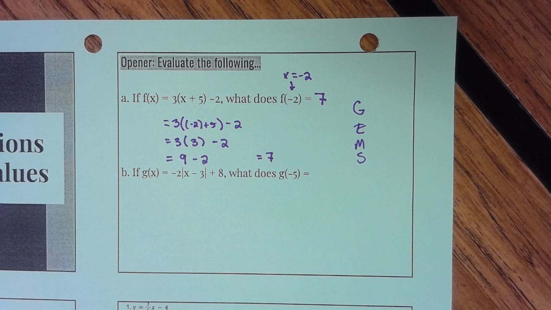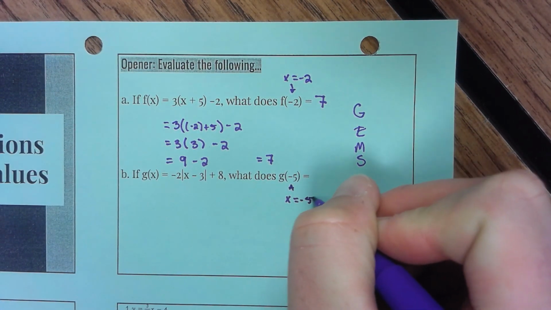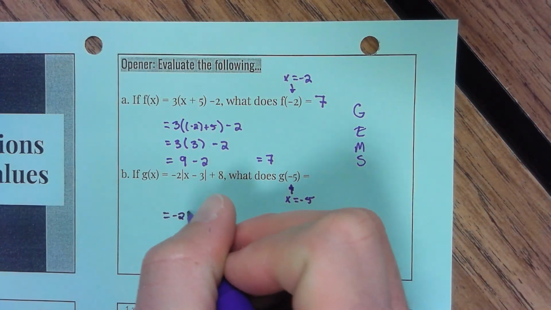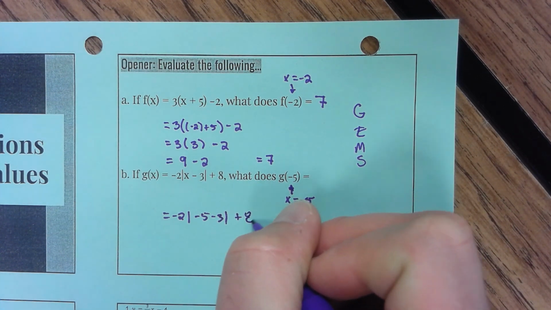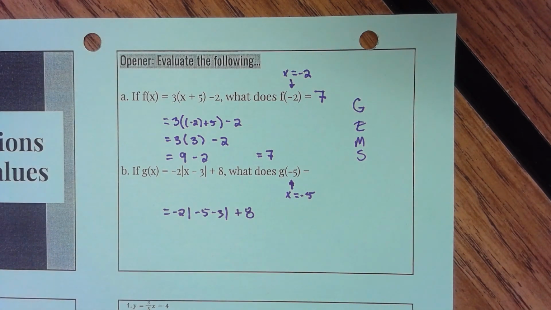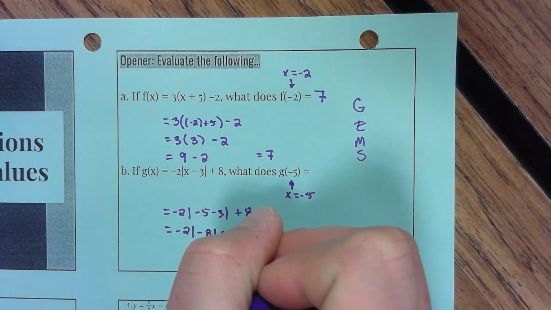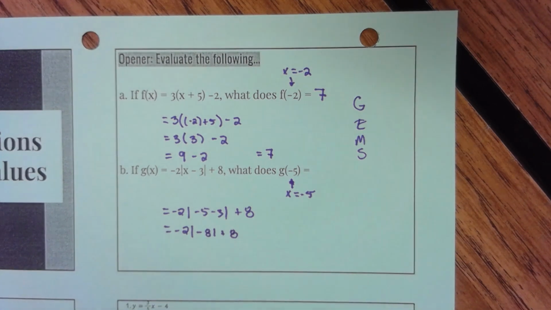All right, b is the exact same starting point. Replace the x with negative 5. So x equals negative 5. So I'm going to rewrite that whole equation. And I go through GEMS again. So grouping symbols, those are now the absolute value brackets. I've got to simplify what's inside that first. So that's negative 8. Then I need to take the absolute value of negative 8.